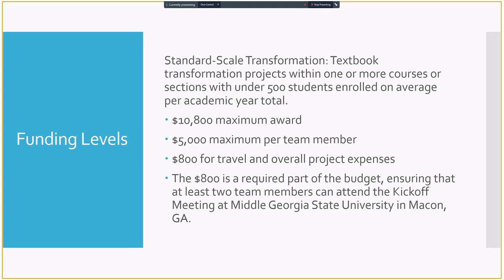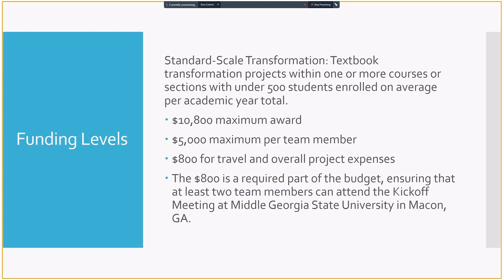And $800 has to be in there for travel and overall project expenses. That's $800 total, to make sure that everyone can attend the kickoff meeting, and after you're done with that, it can be used for any overall project expenses. I often get emails from grantees saying, I'm thinking of getting this Adobe thing so that I can create this thing for my class, and would it be possible to transfer this part of the budget over to this part of the budget?